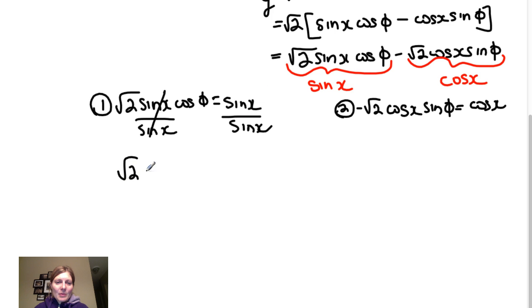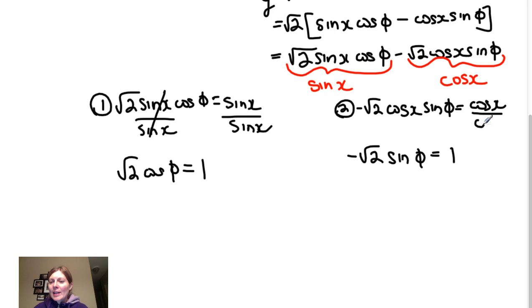So I'm going to be left with root 2 cos phi is equal to 1, and over here I'm going to be left with root 2 sine phi is equal to 1, because I'm dividing both sides by cos x, because it occurs on both sides.